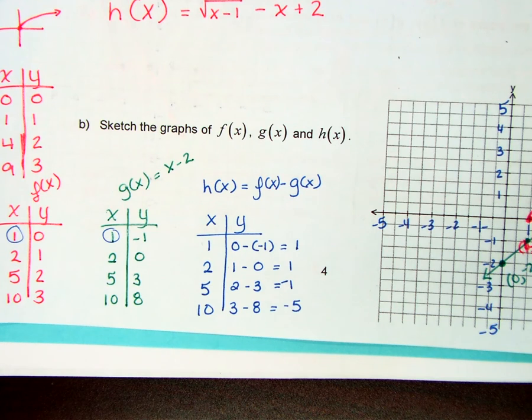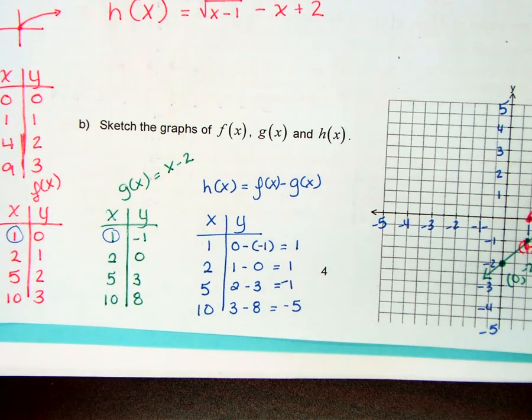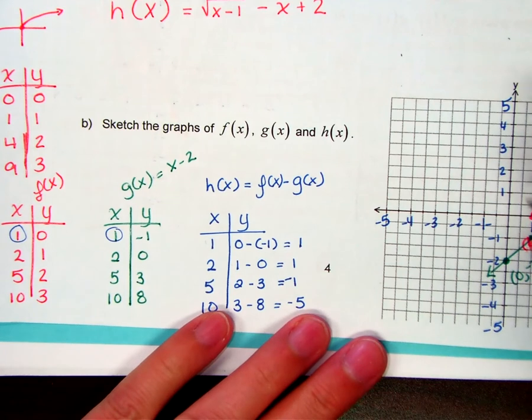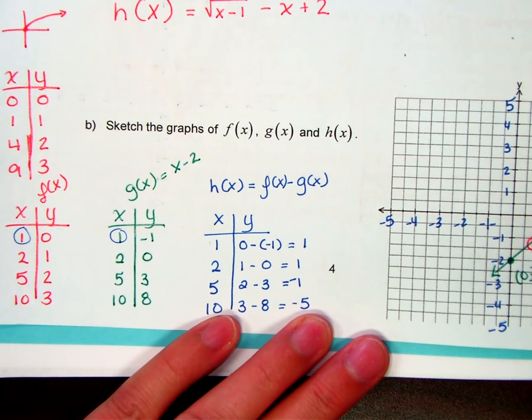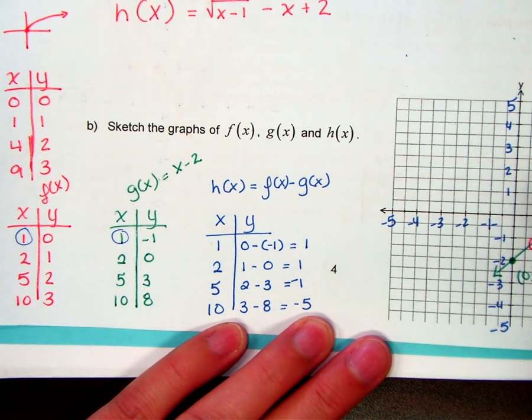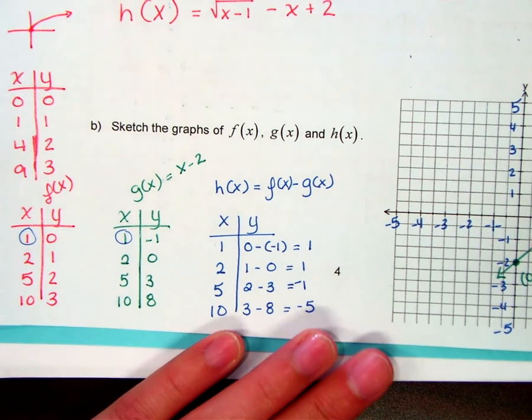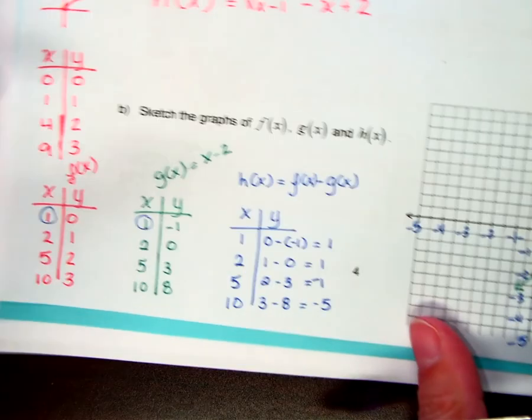That's all we're going to do. I need a different color. Okay, so we have 1 and 1. We have 2 and 1. We have 5 and -1. And then we have 10 and -5. Oh, sorry, guys, you can't even see my graph.